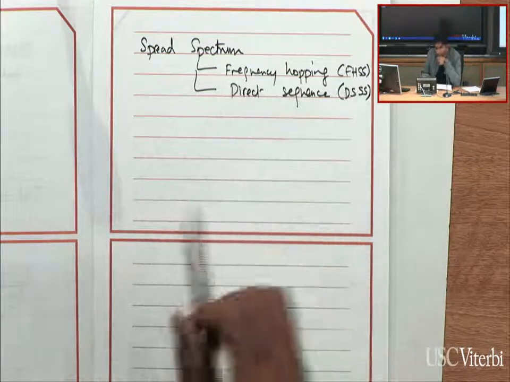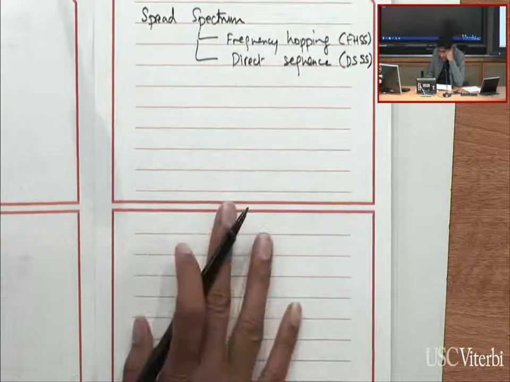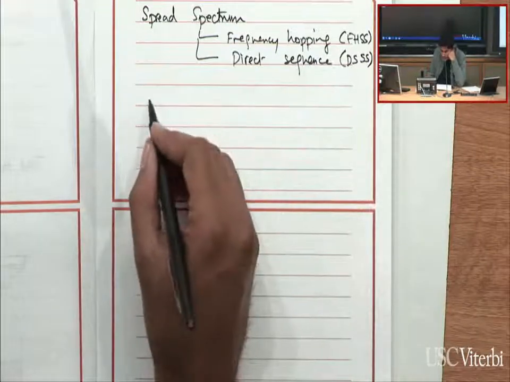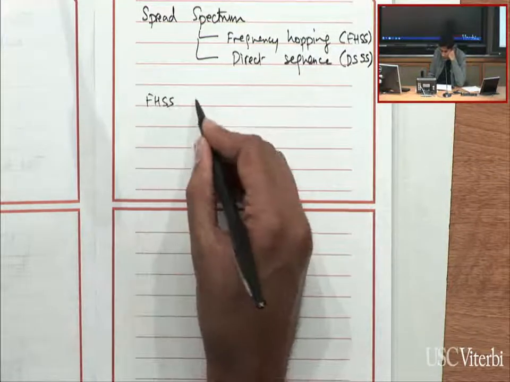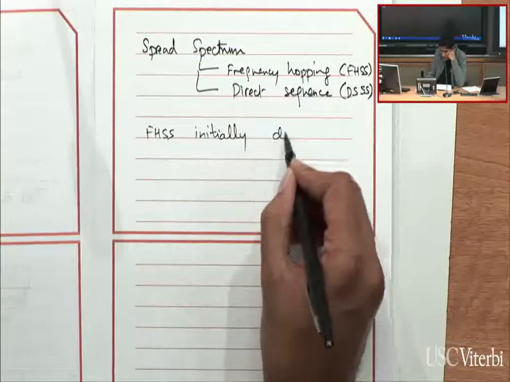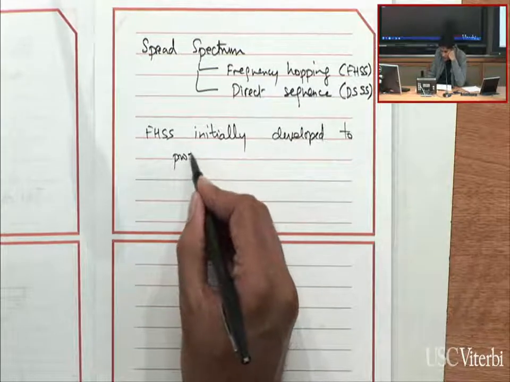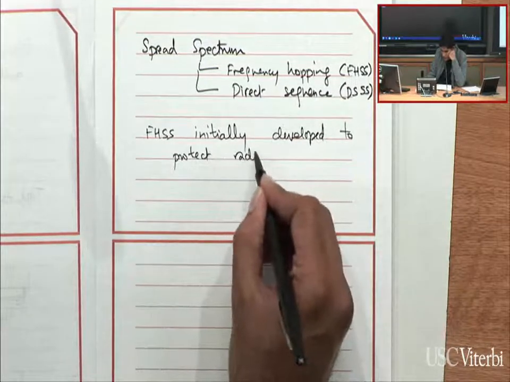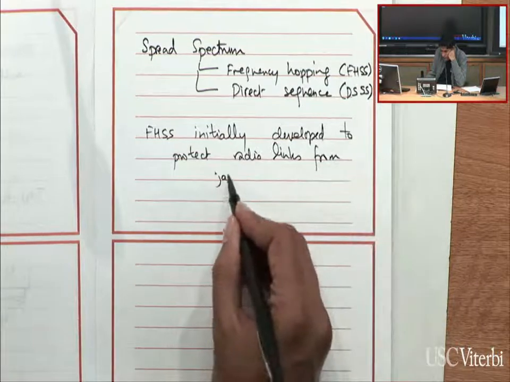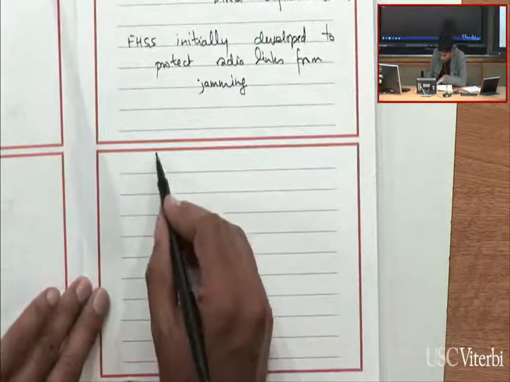With frequency hopping, the idea actually goes back a long time to World War II, where it was used as a technique initially developed for anti-jamming. The idea is very simple.